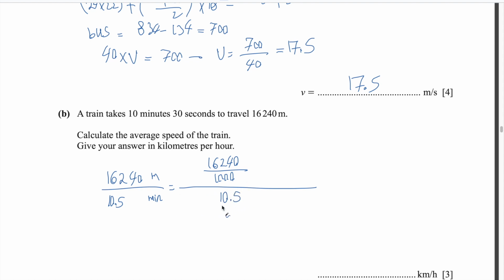In order to convert to hours, we know that each hour is 60 minutes, so it will be divided by 60. If you simplify, it will become 92 and 4 over 5 kilometers per hour.